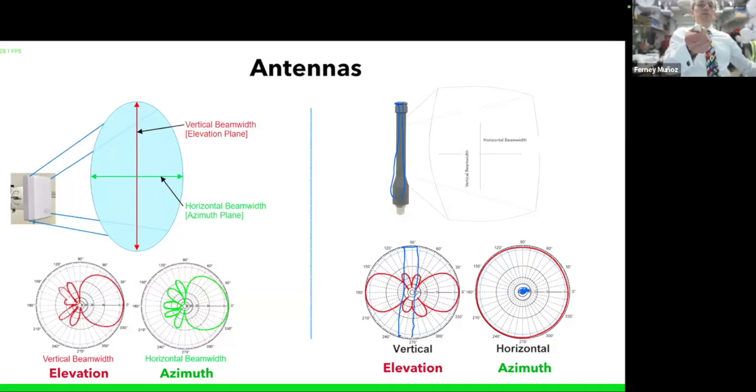Then horizontally, where does this antenna cover? Where does this antenna send energy? Where does this antenna send waves? Vertical component, horizontal component. That make sense? Okay.